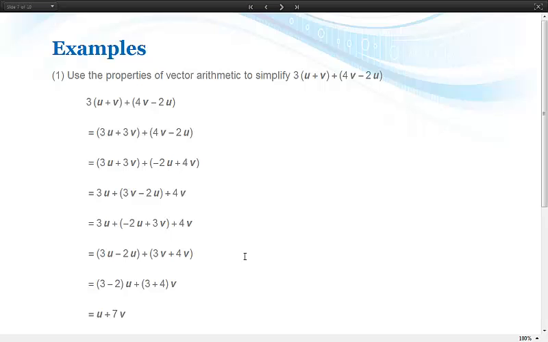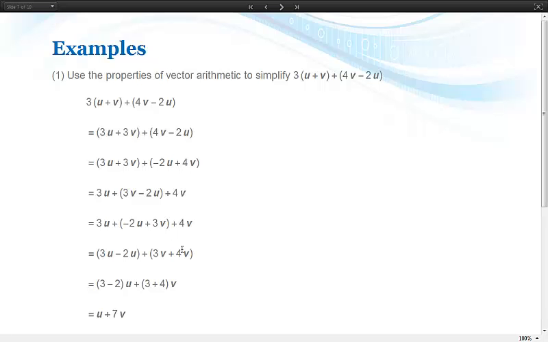Now I can apply the fact that scalar addition distributes over scalar multiplication to factor out the u from this expression. So 3u minus 2u is the same as 3 minus 2 times u, and 3v plus 4v is the same as 3 plus 4 times v, and that reduces to 3 minus 2 is 1, so I get u, and 3 plus 4 is 7, so u plus 7v.